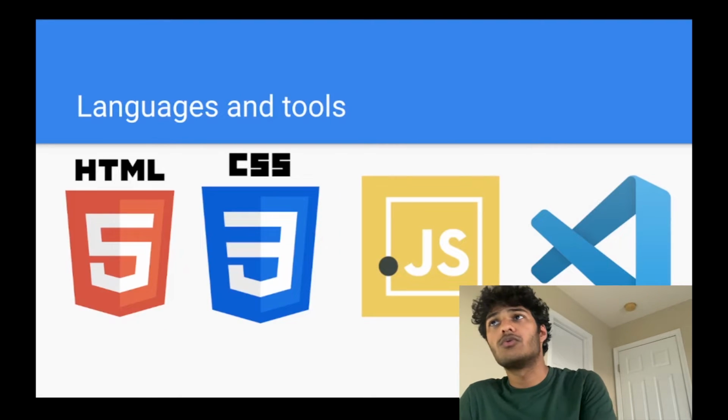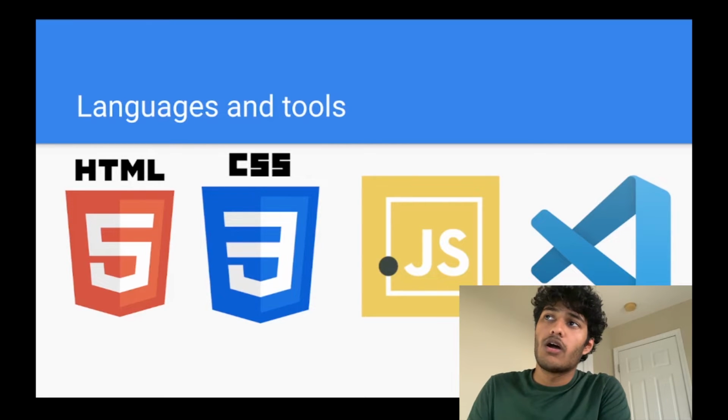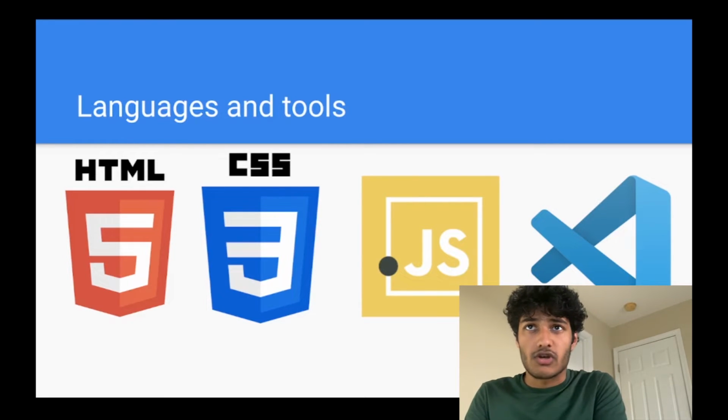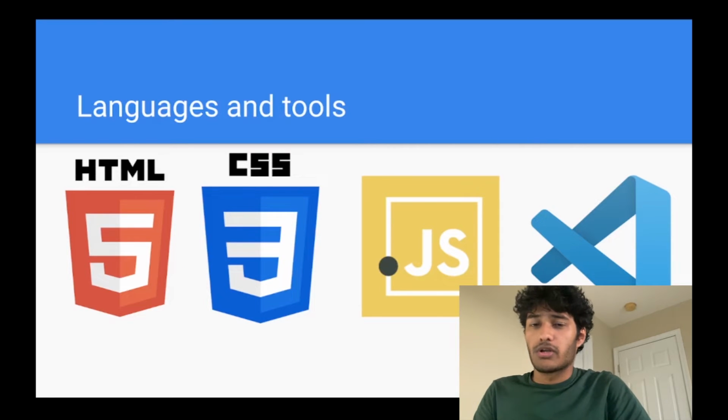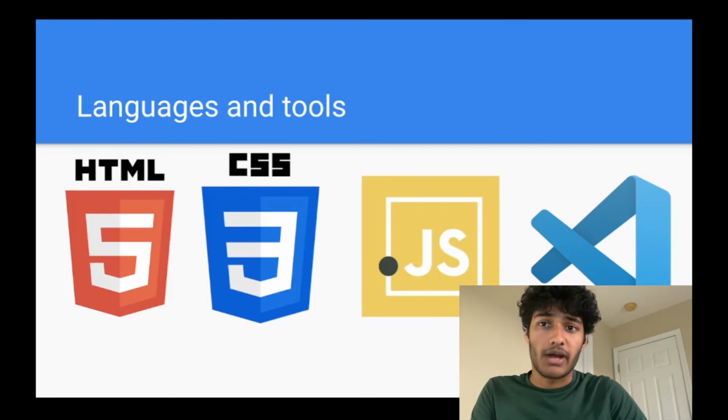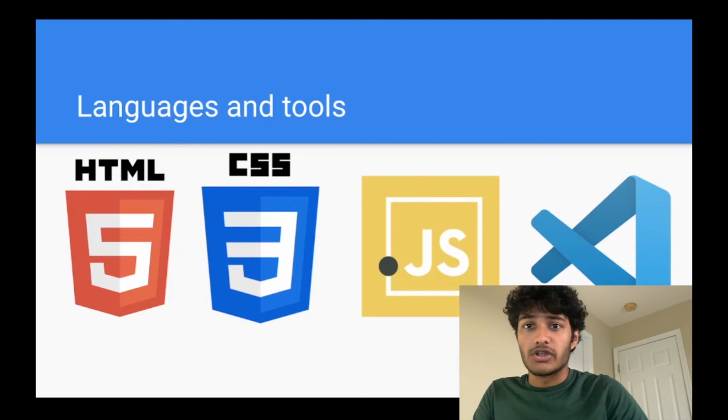So a couple of tools and languages that we're going to use are HTML, CSS, JavaScript, and then the icon on the far right is Visual Studio Code. So HTML and CSS aren't actually considered programming languages, but they are what you're going to use to create the most important web development and web page components.